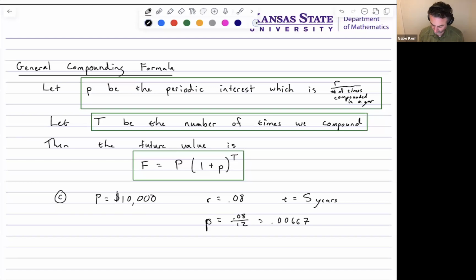Okay. So we're approximating. All right, so this is our p.